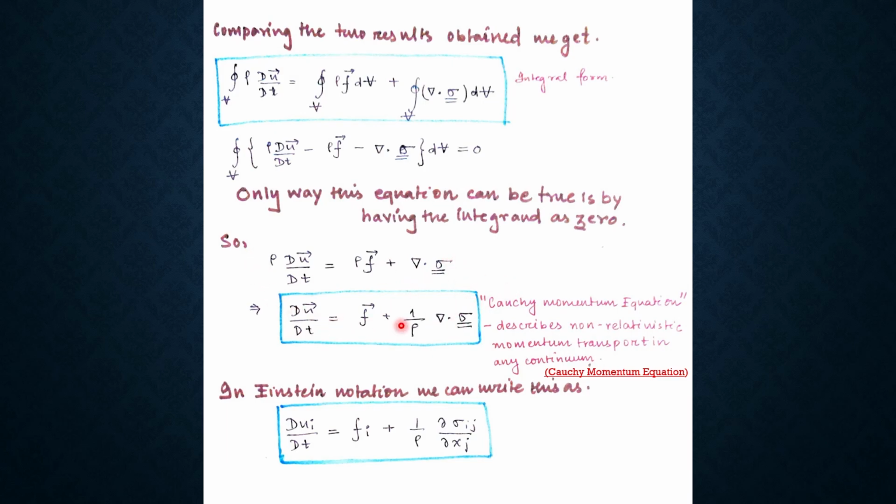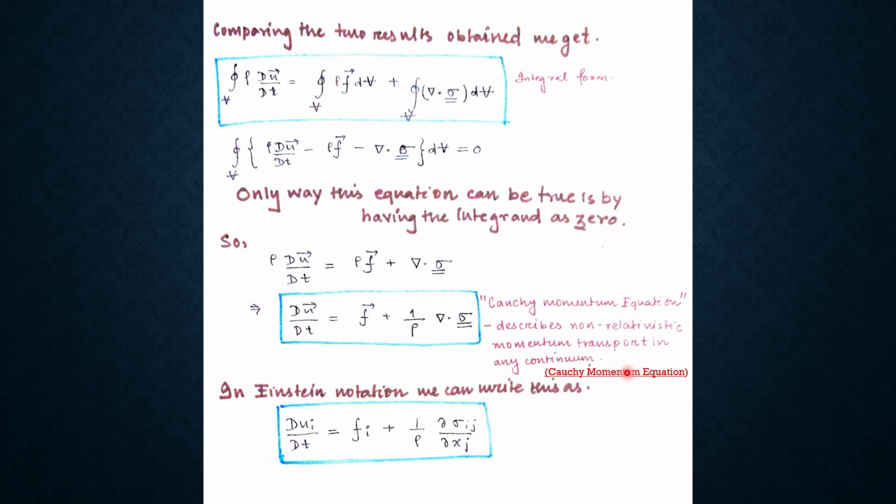Now dividing the entire expression by the density, we get this expression. This expression has a name and it is called the Cauchy momentum equation. This describes non-relativistic momentum transport in any continuum flow. For further reading about it, anyone can refer to this link.